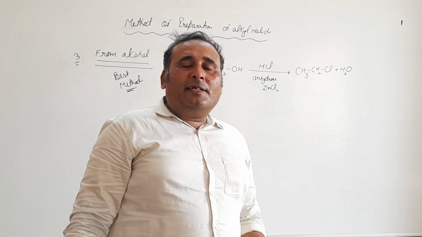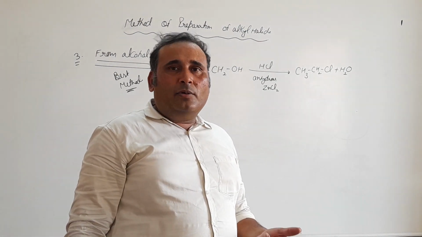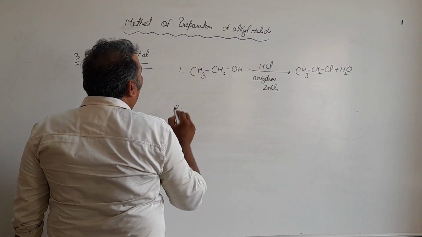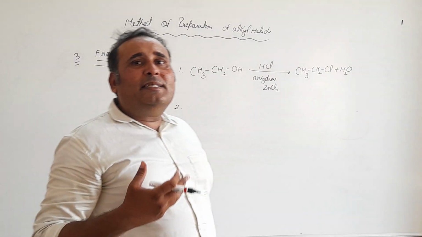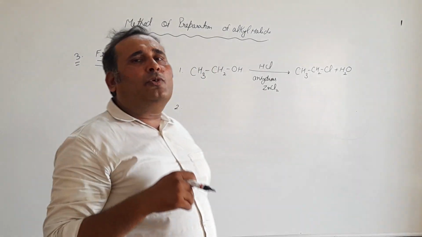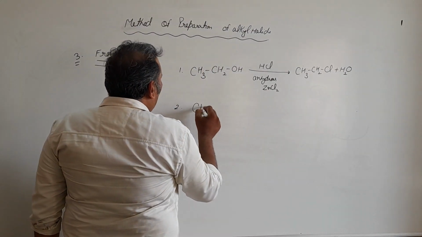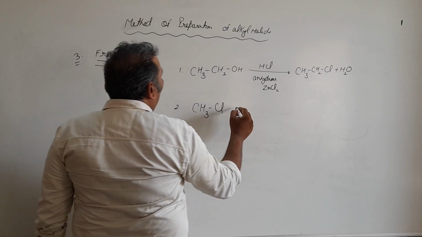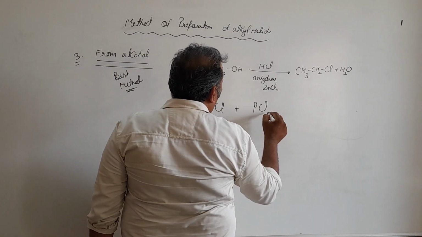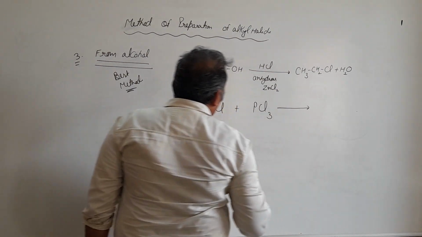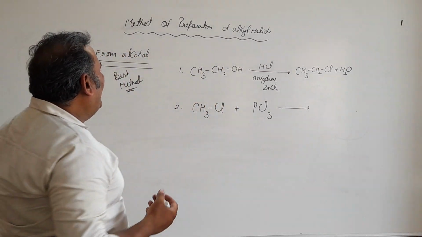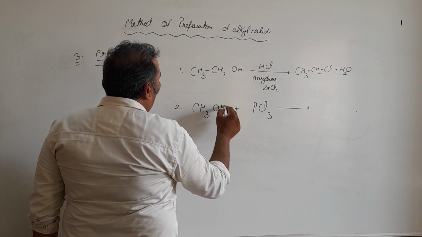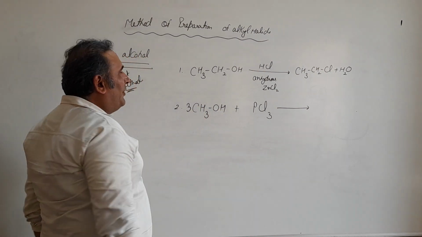Is there any other method of preparation of alkyl halide from alcohol? Yes, another method also. That is the first method. Second method, we can also use PCl3 or PCl5, these chlorinating agents. So we have CH3OH and we are using PCl3, so we should take 3 molecules.